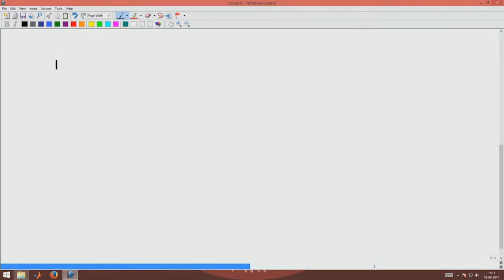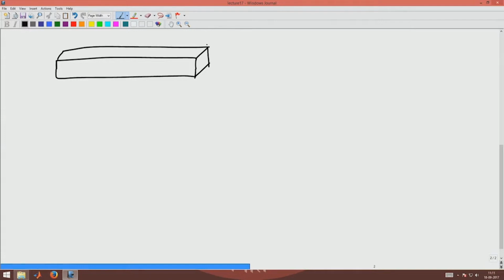Say I have some 3-dimensional body, for example, I am taking a square cross section subjected to some arbitrary loading, and there are some support reactions also coming in, which may be here. I am assuming it is simply supported.